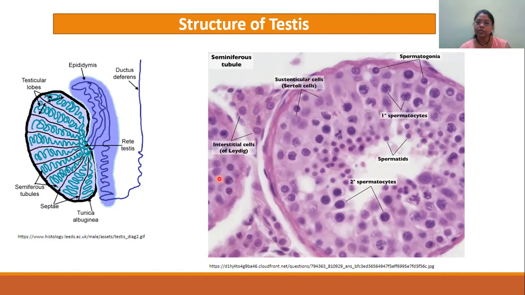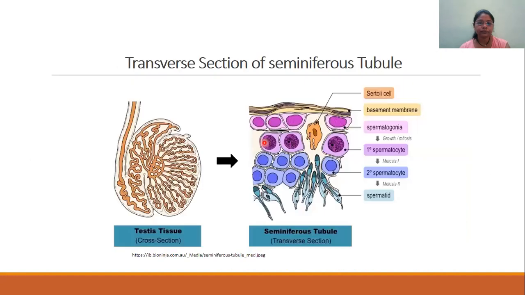So this is one seminiferous tubule and this is another, and in between them is the connective tissue. This connective tissue contains cells called interstitial cells of Leydig, or Leydig cells. These Leydig cells are mainly responsible for the secretion of testosterone.